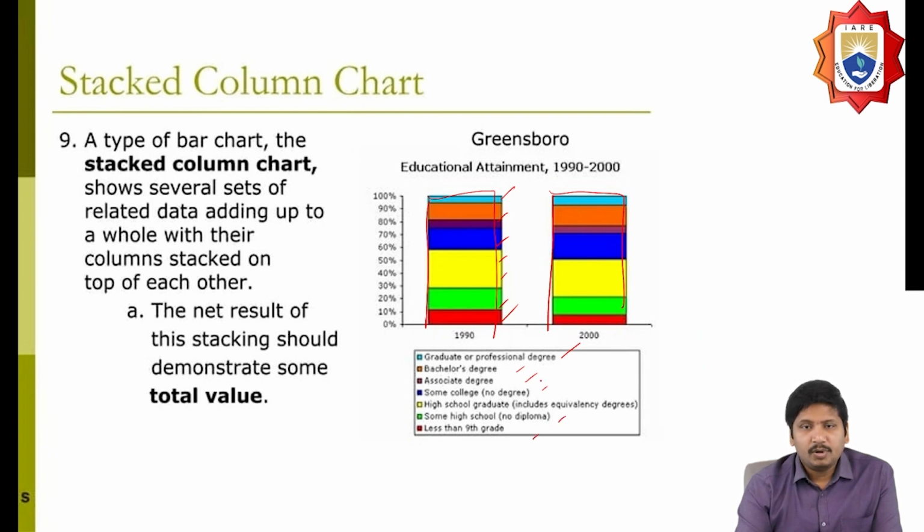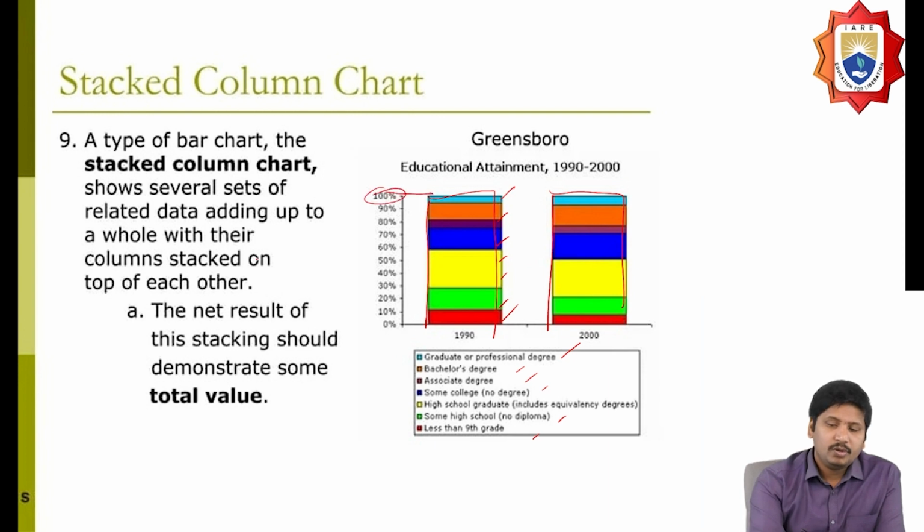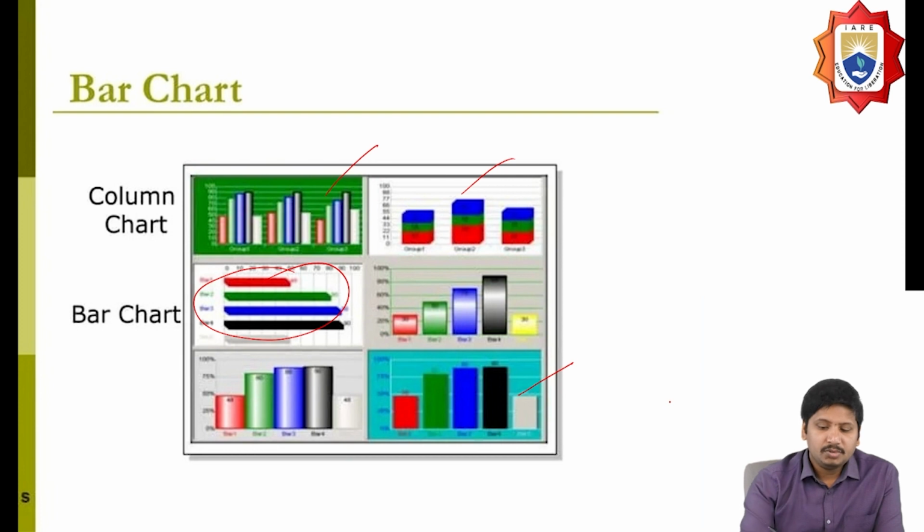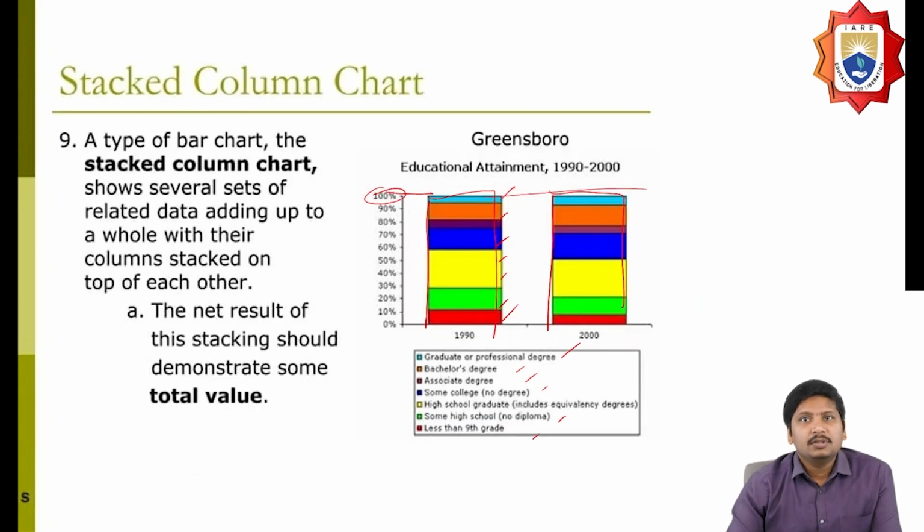That is the stacked bar chart, and the size is almost equal to 100%. In the previous diagram, they were not equal; this is different and this is different. In a stacked bar chart, we show several sets of related data adding up to a whole, with their columns stacked on top of each other. The net result of this stacking should demonstrate some value.